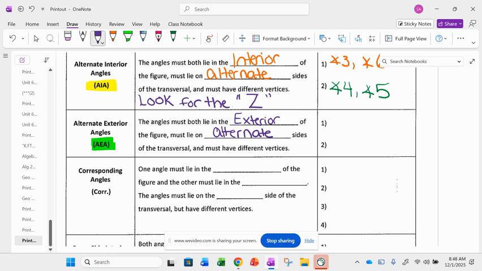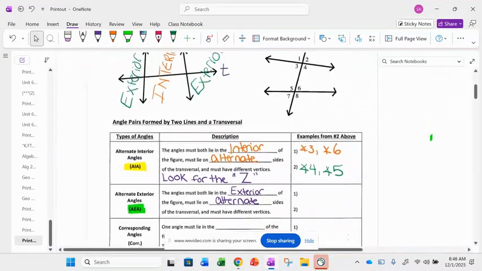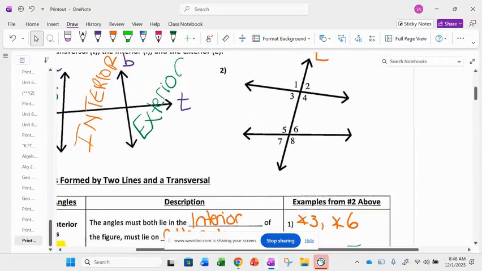I don't have a trick, so there's no Z trick for alternate exterior angles, but I think it's pretty self-explanatory. If we're looking for, going back to number 2, alternate exterior angles, based on the names of these angles, they're saying exterior, so are we inside the lines or outside the lines? Outside. Exterior means outside, and then alternating means we're alternating sides of the transversal.